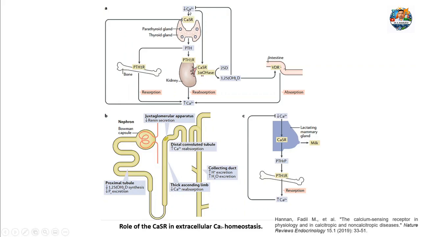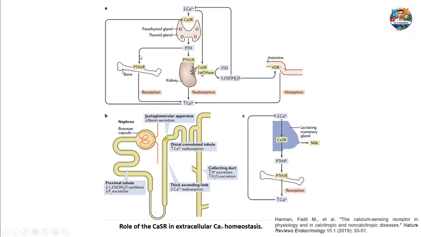That means there is not enough calcium ion to bind to the calcium sensing receptor, and as such there will be no activation of the G protein coupled to the calcium sensing receptors, and because of that there will be upregulation of the transcription of parathyroid hormone, and it will also lead to the secretion of more parathyroid hormone.